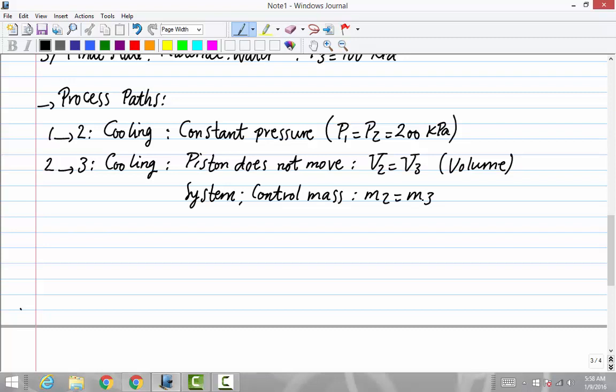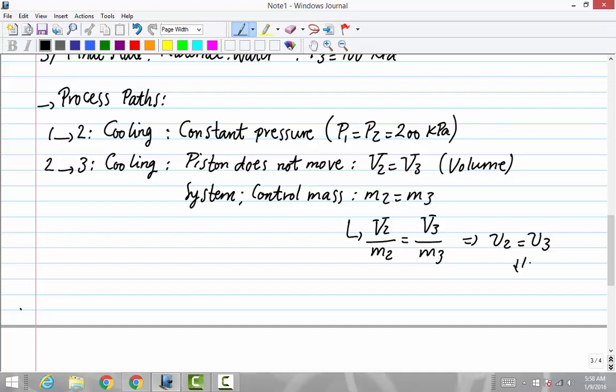So we have something called specific volume, which is defined as the volume per mass, volume over mass. So according to these definitions, V2 over M2 equals V3 over M3, and these two portions are basically the little v's, specific volume per mass.